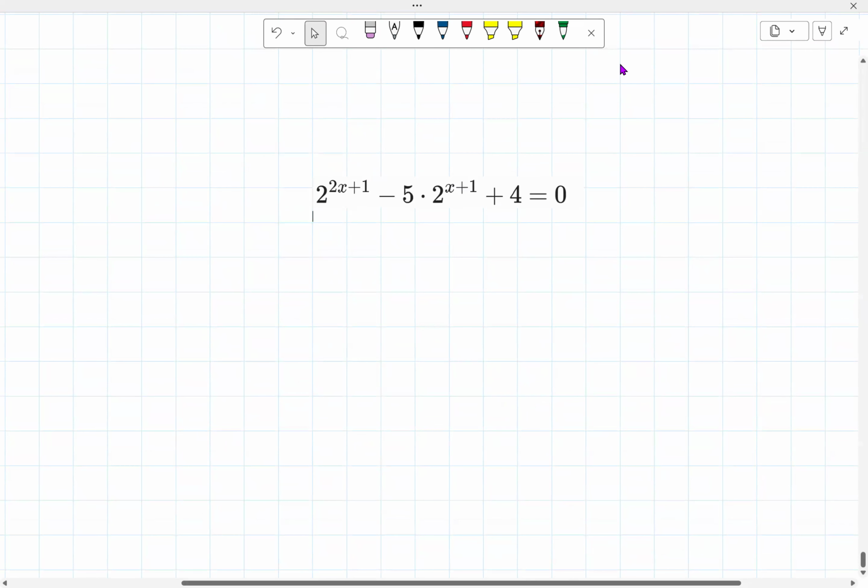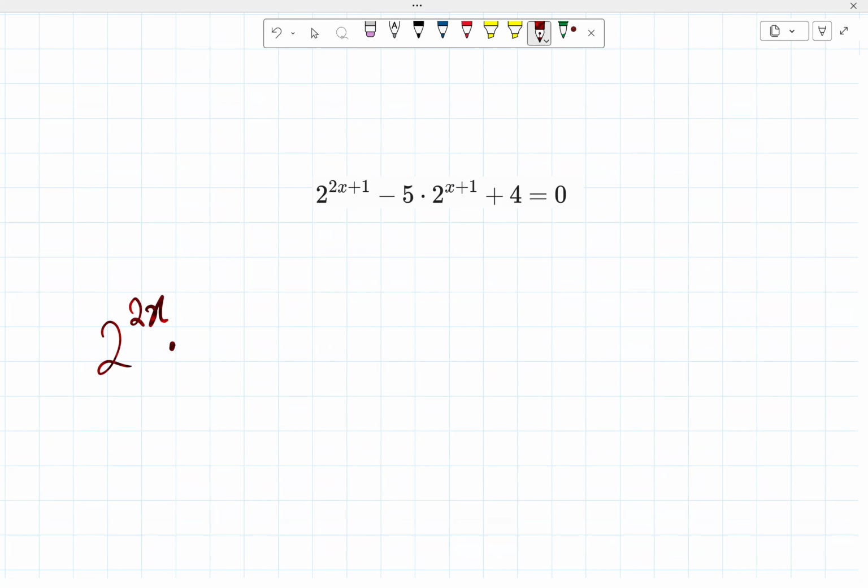So again, I take it up. Things are a bit trickier here, but okay, this is how we can go. We have 2 raised to 2x times 1 plus 1. That will be 2 times 2 raised to 2x times 2 raised to 1. At least that's sure, because these two together give this.